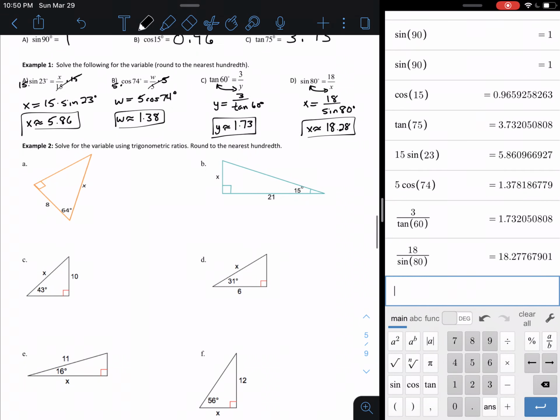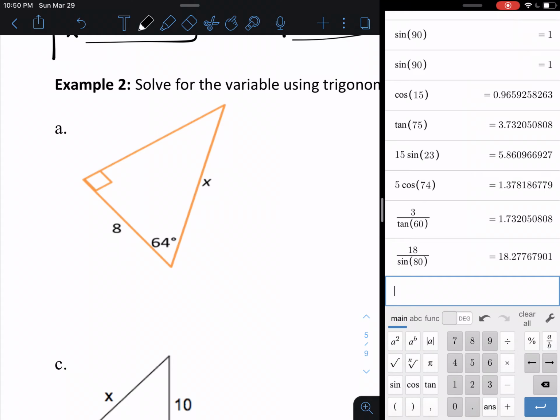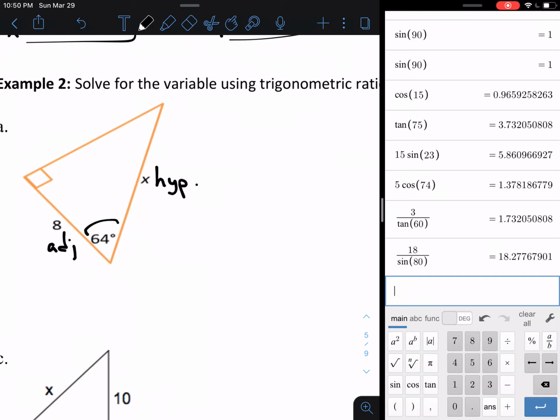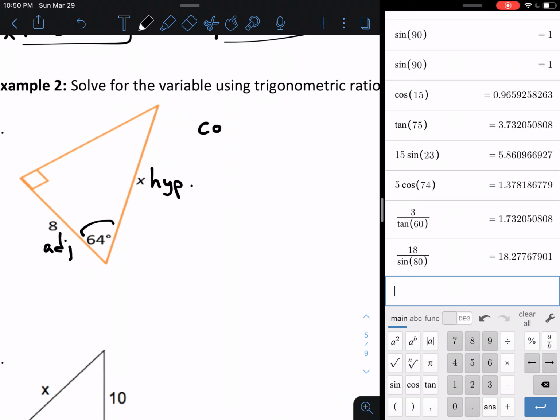So let's take a look at example 2a. Let's first look at our angle and figure out what 2 sides we have. 8 would be your adjacent side, x would be your hypotenuse. So you need a trig ratio that relates your adjacent to your hypotenuse. The correct one to use in this case would have to be cosine. So we're going to take cosine of our angle is equal to our adjacent side, which is 8, divided by our hypotenuse, which is x.